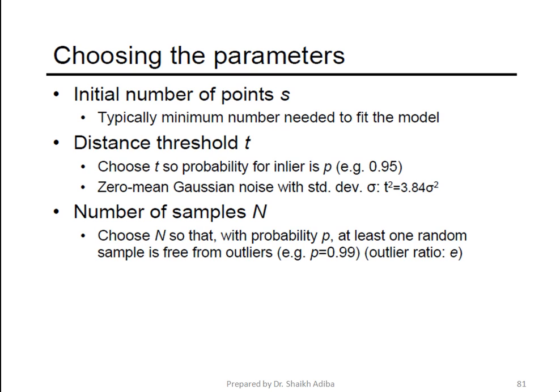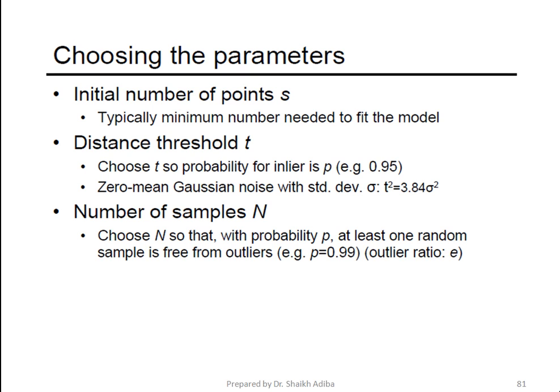Typically, the minimum number needed to fit the model. Minimum number: for a line, 2 points; for a circle, 3 points. These are the minimum numbers of points needed to fit the model. Based on the model, we'll be selecting S points, and S will be the minimum at the initial stage.